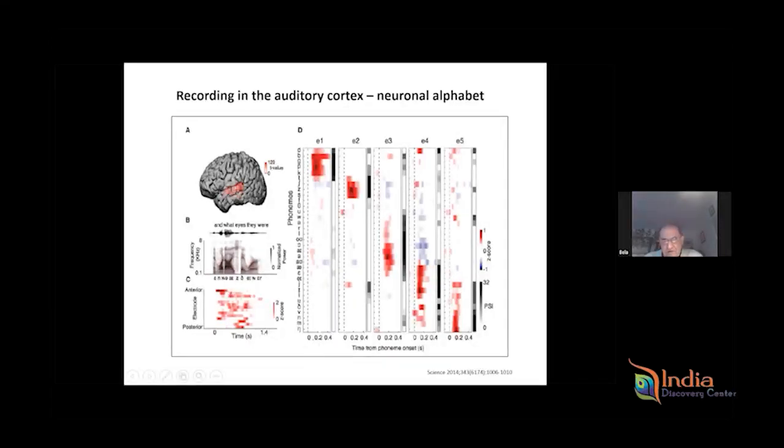And if we see the timing, which is 0.2 milliseconds, then we can see that every electrode has at this time point very strong activation.